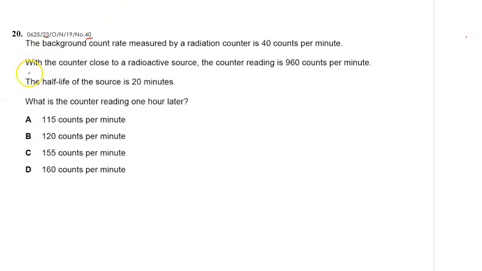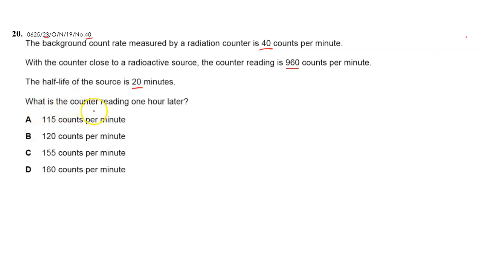The background count rate measured by a radiation counter is 40 per minute. With the counter close to a radioactive source, the count reading is 96 counts per minute. The half-life of the source is 20 minutes.